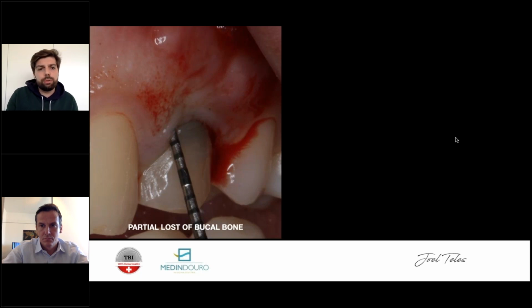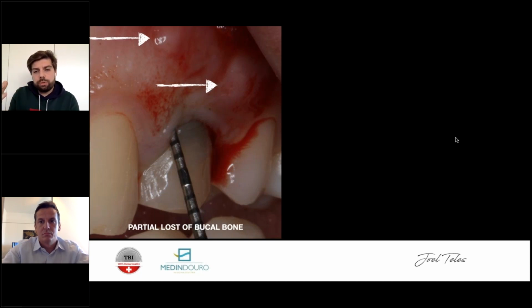This case is about a fractured premolar. It was an endodontic treatment tooth, and you can see here that there were 2 fistulas associated with this infection. He was on antibiotics before the surgery day for 4 or 5 days. I don't recall. I went yesterday trying to find out if it was 4 or 5, but I guess it was 5.